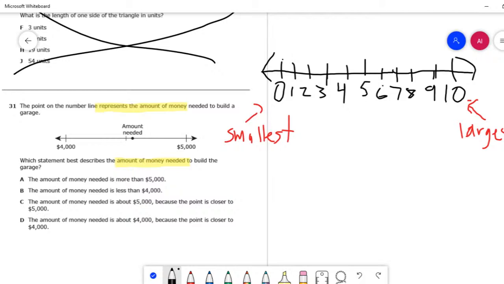So that's pretty much how a number line works. So going over to the specific number line that our problem has given us, we have 4,000 as our smallest number. We have 5,000 as our largest number, and our amount needed is somewhere in between 4,000 and 5,000.